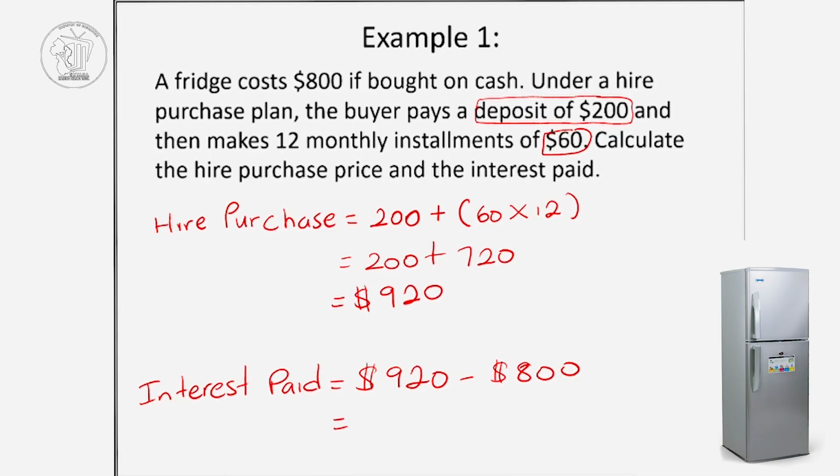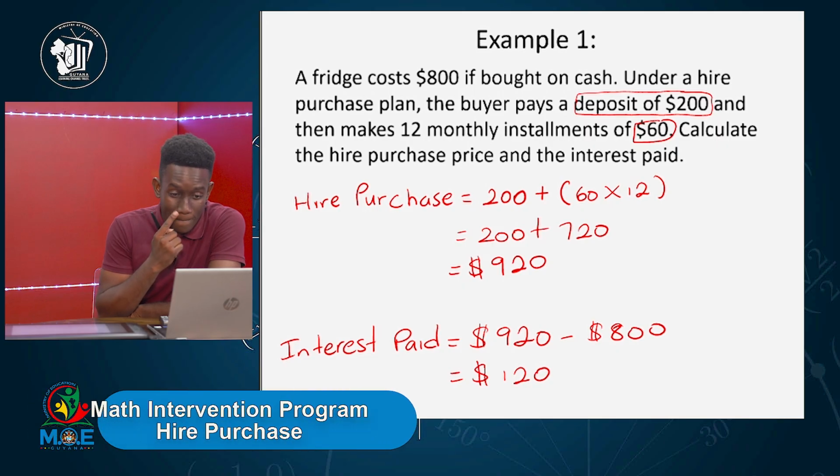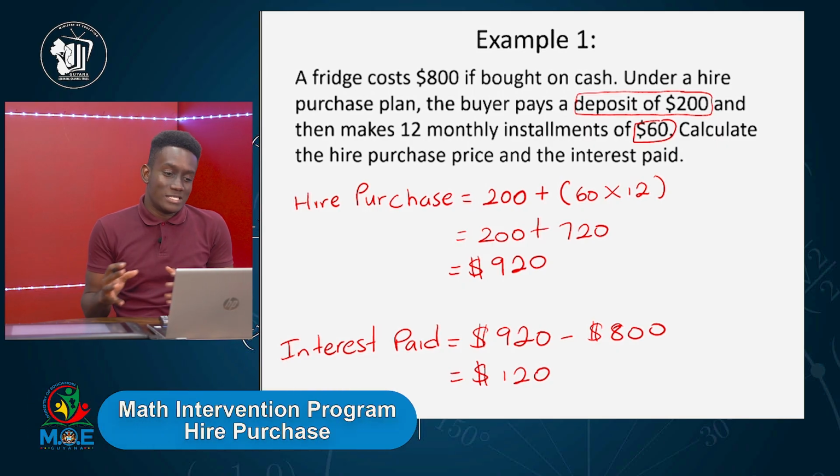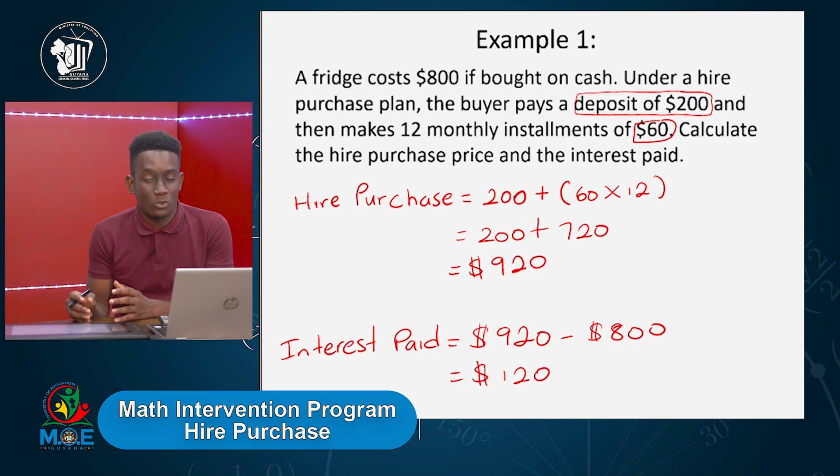So 920 subtract $800 would be $120. And that would be the interest paid. So we can see that if you buy this fridge on hire purchase, you will pay an extra $120.